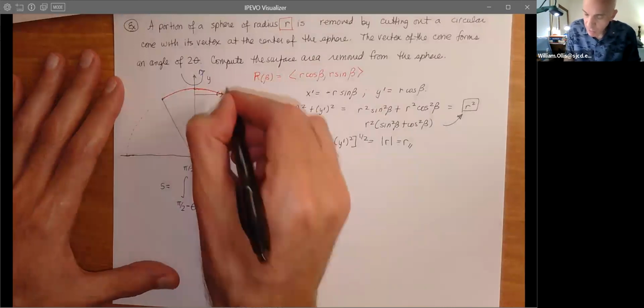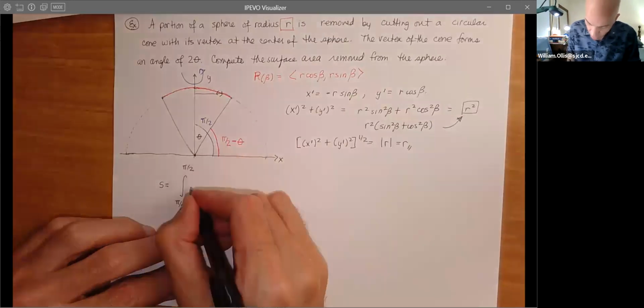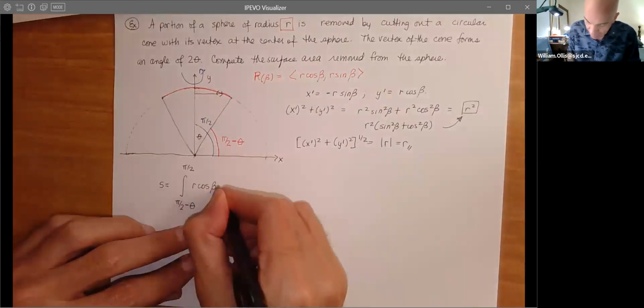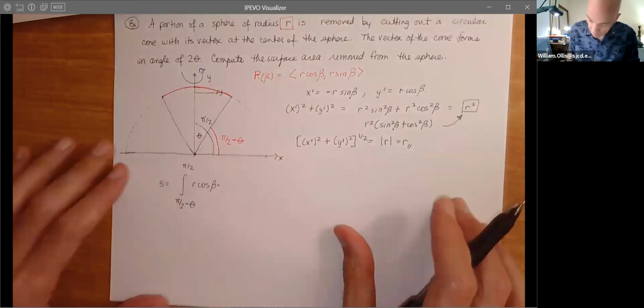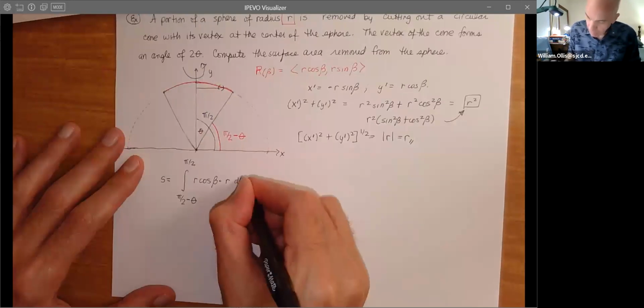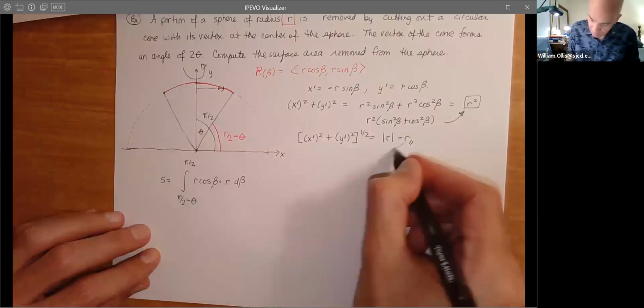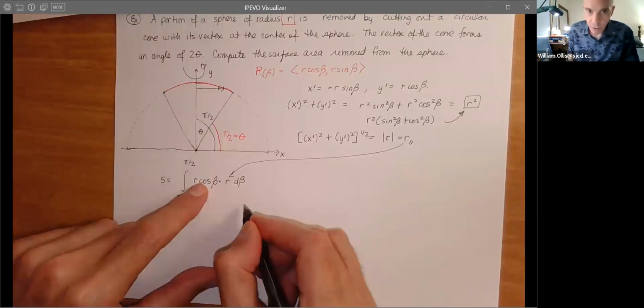the distance to the axis of revolution is r cosine beta, times the element of arc length, which is r d beta. So element of arc length, distance to axis of revolution, we're good to go.